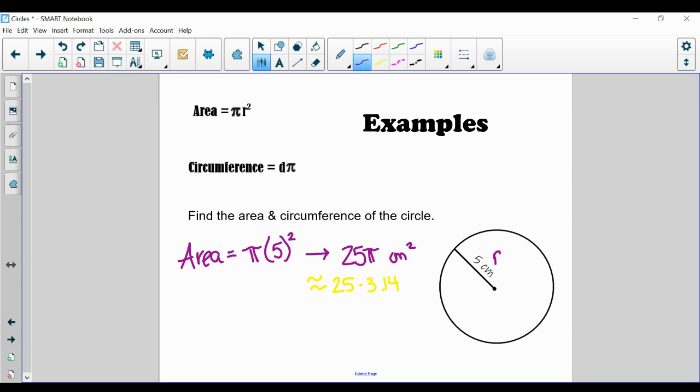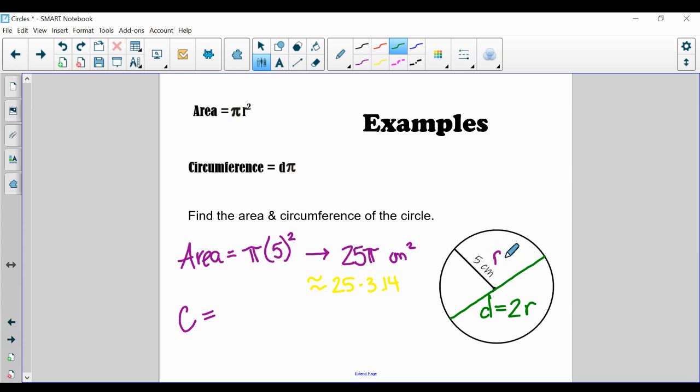Now let's solve for the circumference. The circumference is the diameter times pi. So if I know that my radius is 5, now I have to calculate the diameter, that green line from the beginning. Hopefully, you've realized by now that the diameter is going to be the same thing as 2r, or 2 radii.